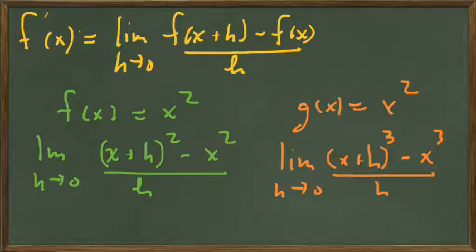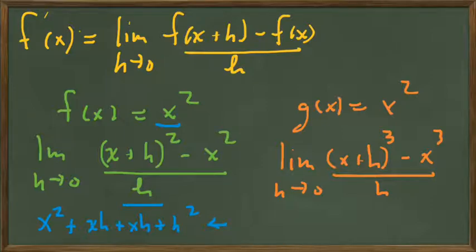Well, in the last video we saw how to find the derivative of the function f of x equals x squared using the limit definition, and to do that we had to expand the expression x plus h squared, which gave us this expression.